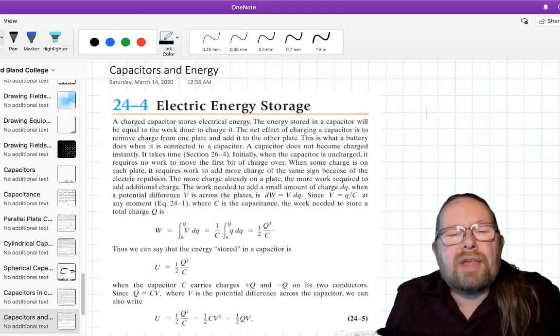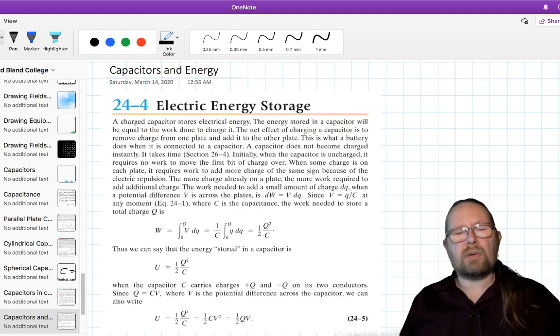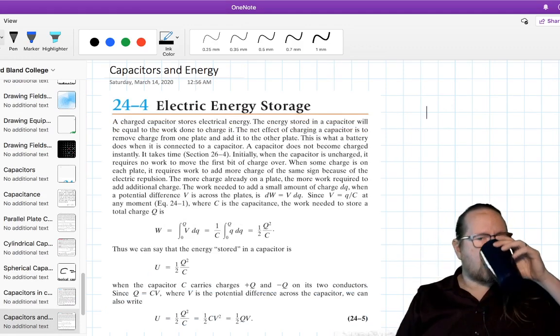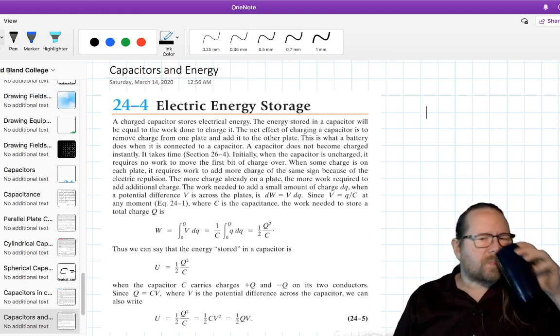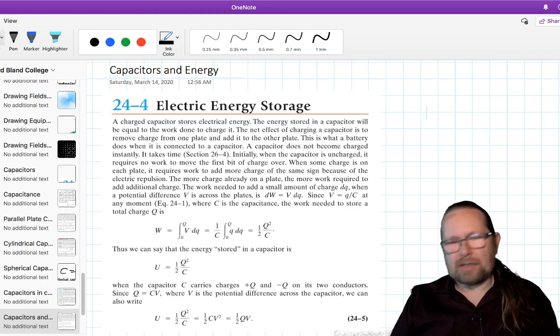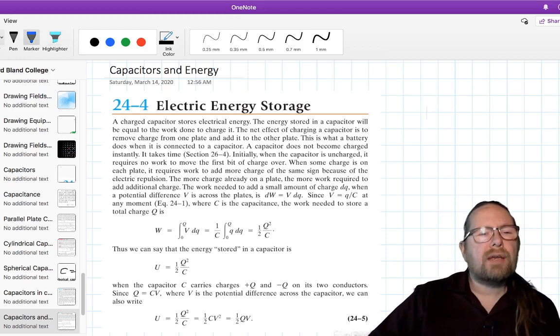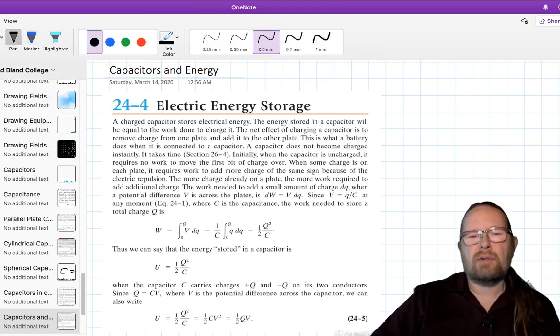One last thing that I want to look at is this section 24-4. The only reason I want to look at this section is because the expression we get from it is actually really, really interesting. Again, I said you can think of a capacitor as storing electrical energy.